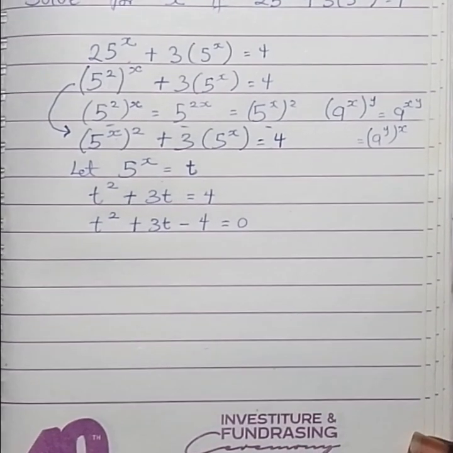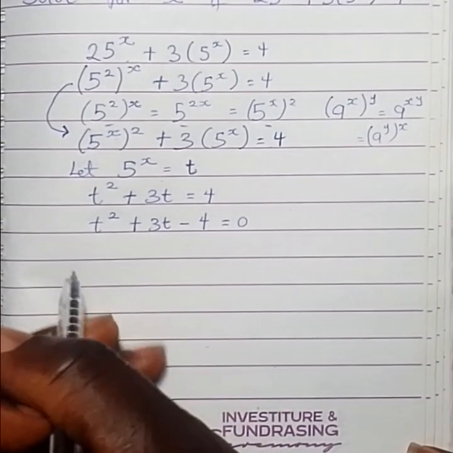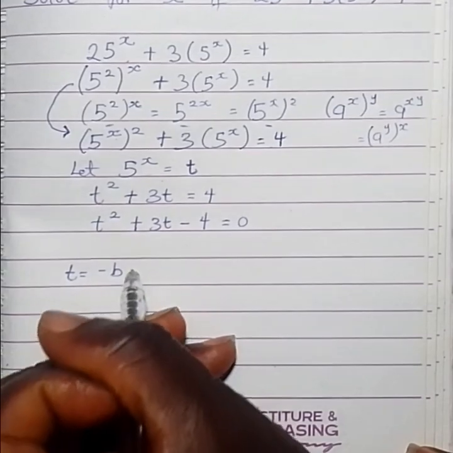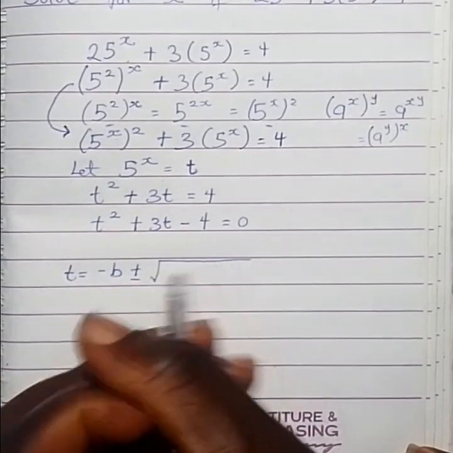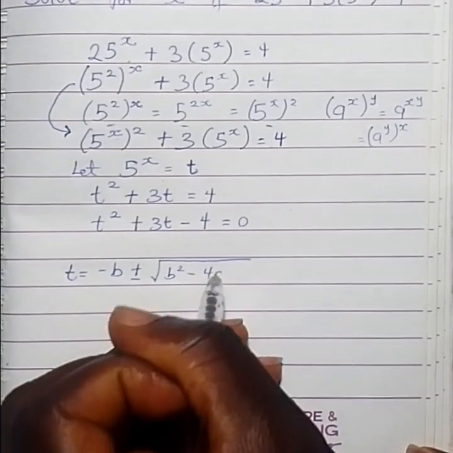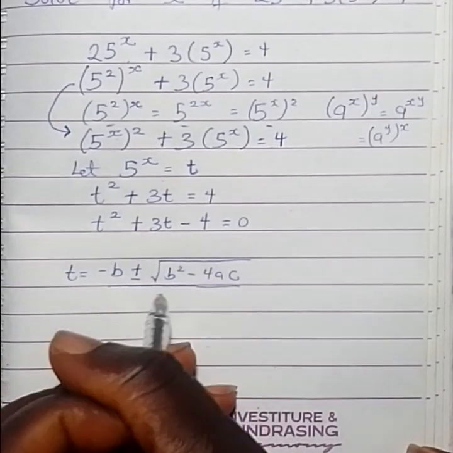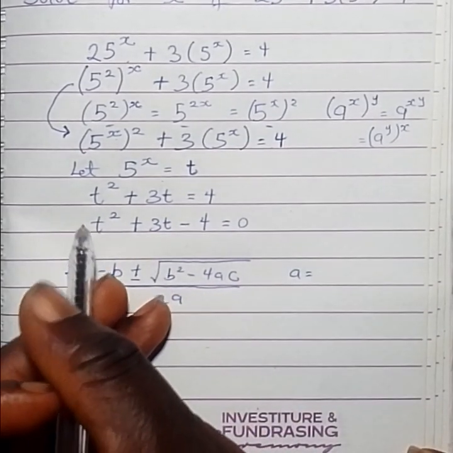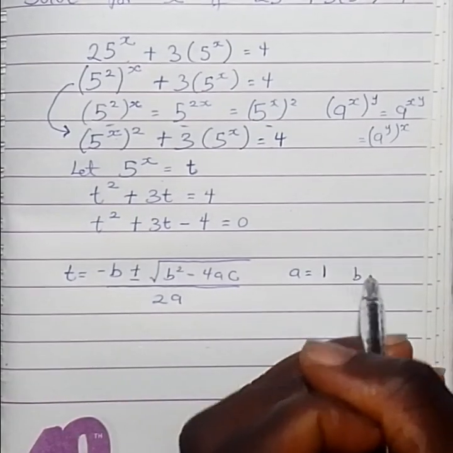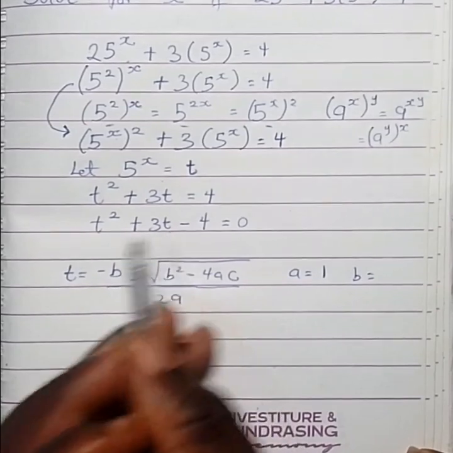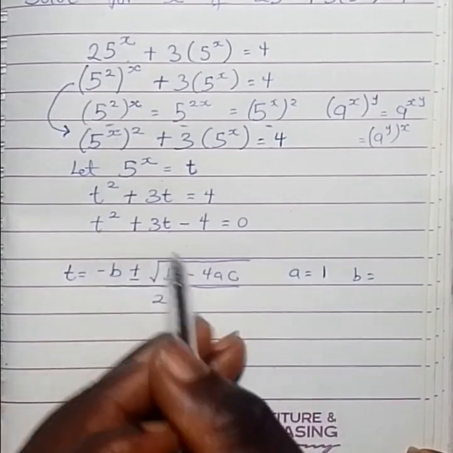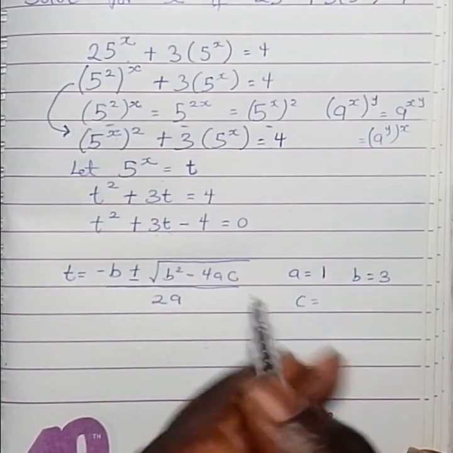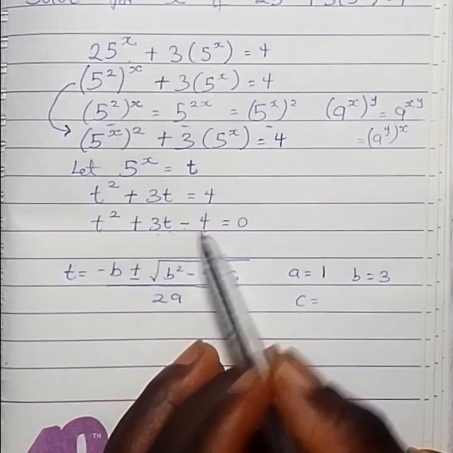For this quadratic equation, we can make use of the formula method, and the formula method says that t is equal to negative b plus or minus square root of b square minus 4ac all over 2a, where a is the coefficient of t square here, which is 1, b is the coefficient of t here, which is plus 3, same as 3, and c is the constant here, which is negative 4, minus 4.